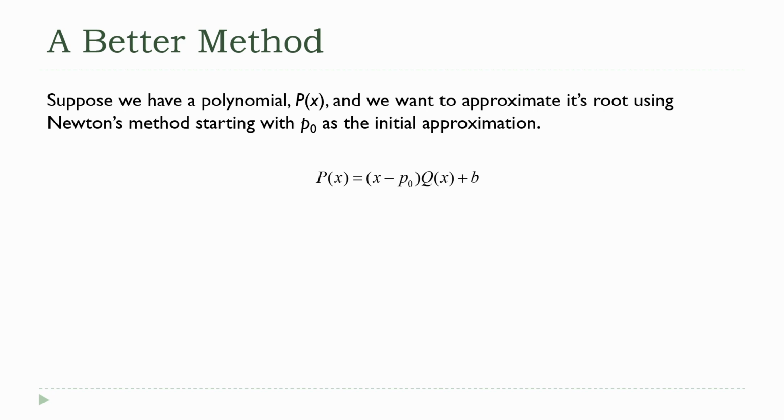Now, remember our goal. Our goal was to figure out what is p of p sub 0. So let's evaluate this. I'm going to put p sub 0 in here. And you see that first term there, p0 minus p0, that term is 0. That whole part goes away. And p of p0 is just equal to that remainder term, right?